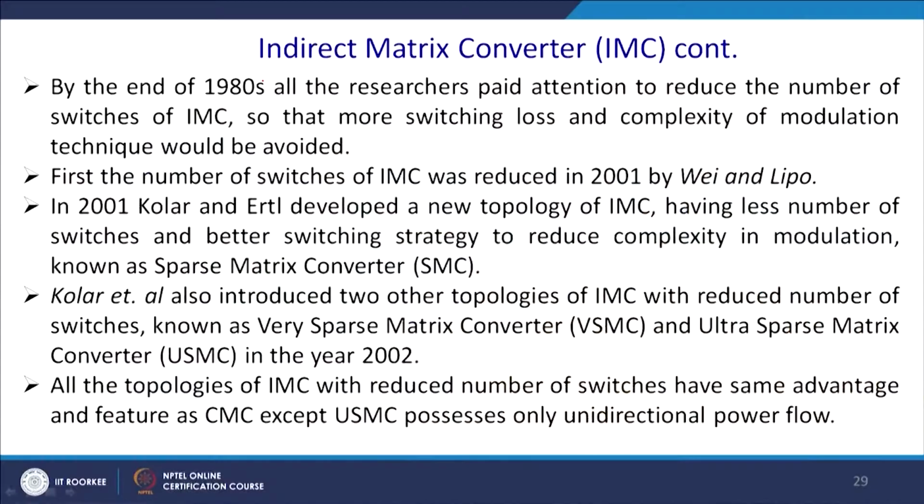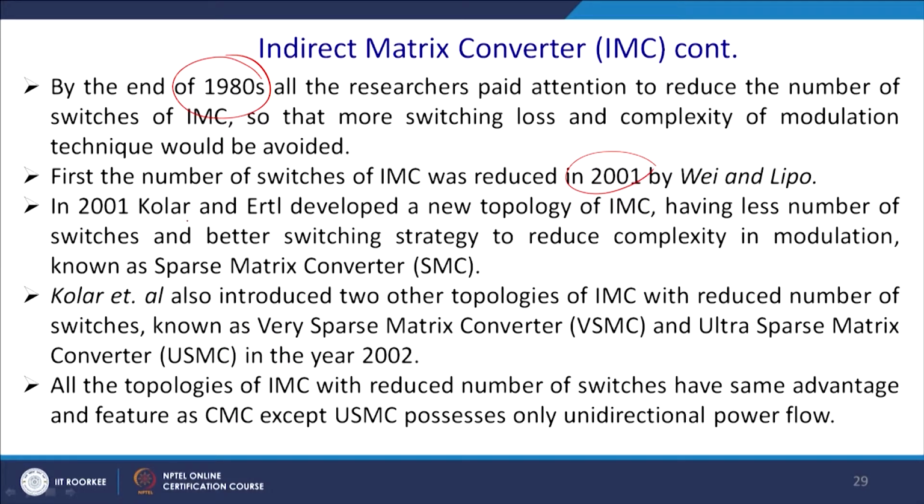So, a few interesting features of the indirect matrix converter. By the end of the 1980s, researchers paid attention to reducing the number of switches of the indirect matrix converter, so that more switching losses and the complexity of the modulation can be avoided. First, the number of switches in the IMC was reduced in 2001 by the famous scientists Wei and Lipo.